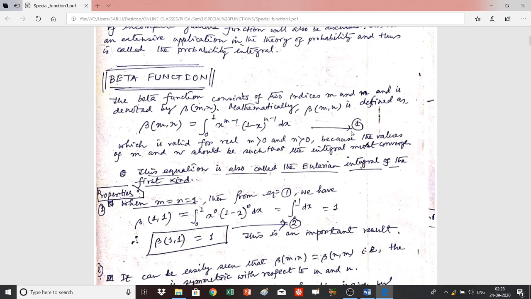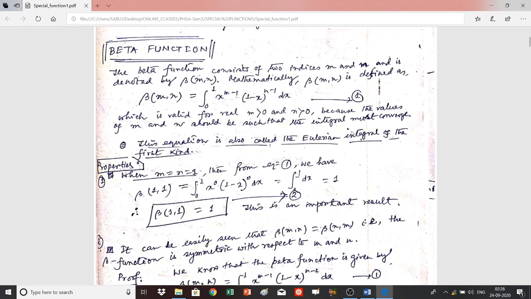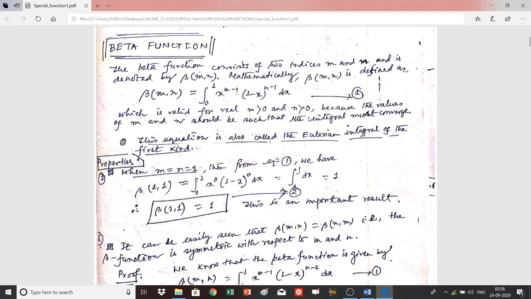This is the definition of the beta function we will frequently use in our next topics. It is very clear from this definition that the beta function is nothing but a definite integral, given in equation number 1.